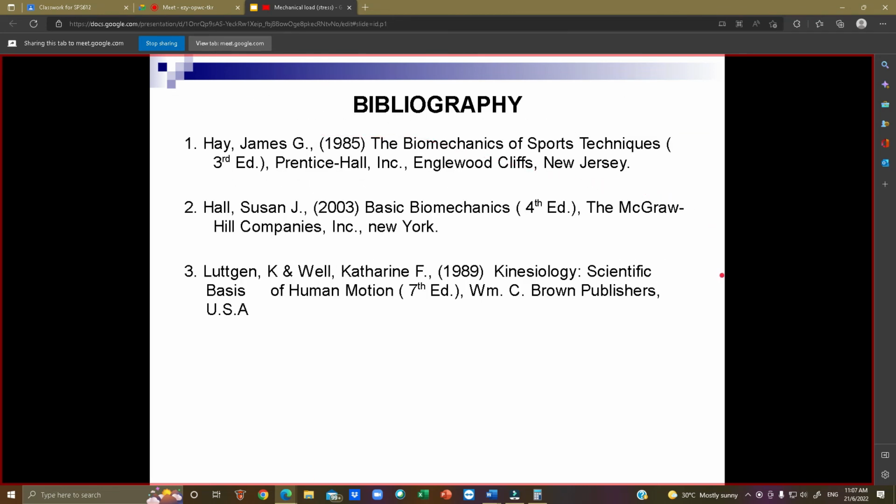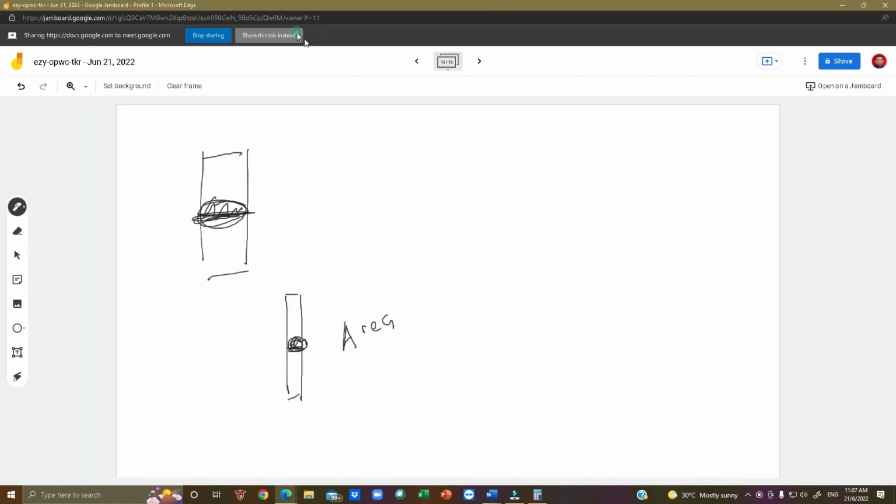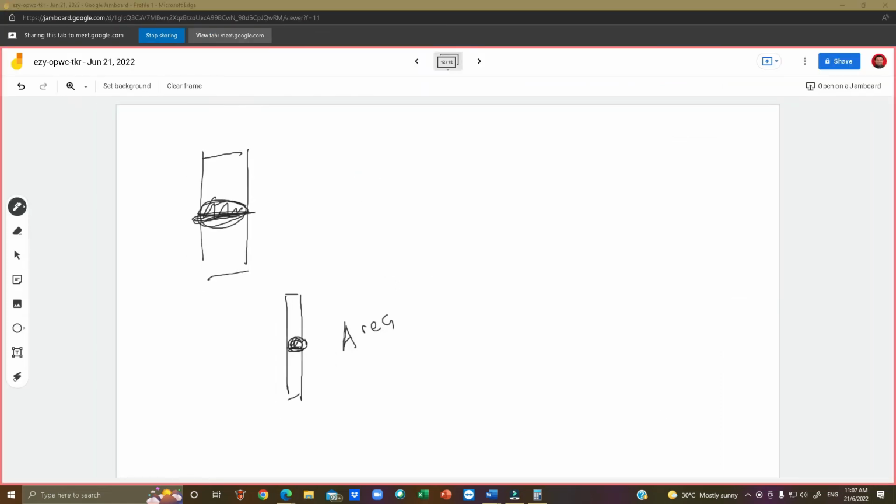Alright, before we end our class, we look at a few simple examples regarding stress. Okay, so the first example: let's say this is your lumbar.